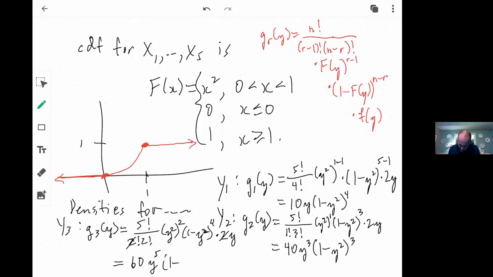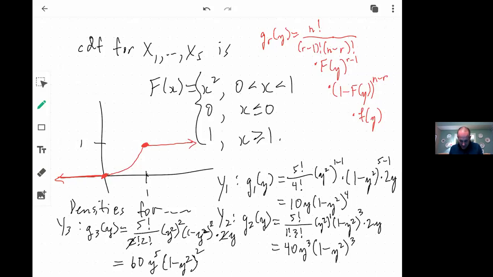So it's y to the 5th, 1 minus y squared to the 4th. Or hang on a second, that was a slight mistake. Sorry about that. The power should be decreasing. It was 4, then it was 3, now it's 2. So this is 2, and then this guy right here is 2 also.